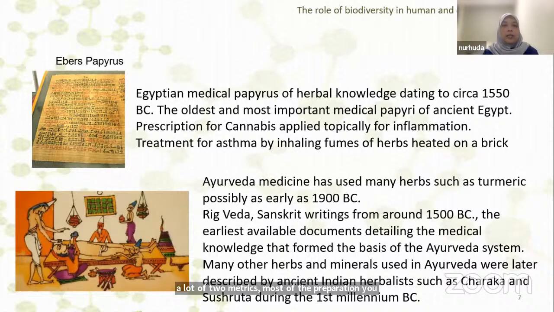There is a manuscript, the Rig Veda, written on this Ayurvedic system, and now they have many branches of the Ayurvedic health system, such as the Charaka and Shushruta branches. They come with different names, but they are part of the Ayurvedic system.